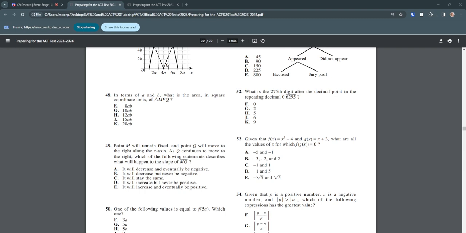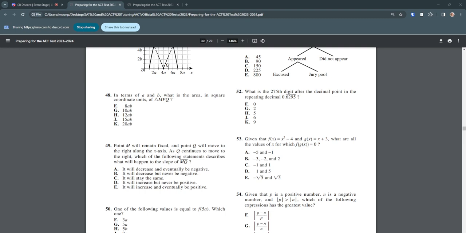If Q moves to a new position, let's say it moves here to Q prime, then the new slope looks like it gets less steep. It's already a negative slope.